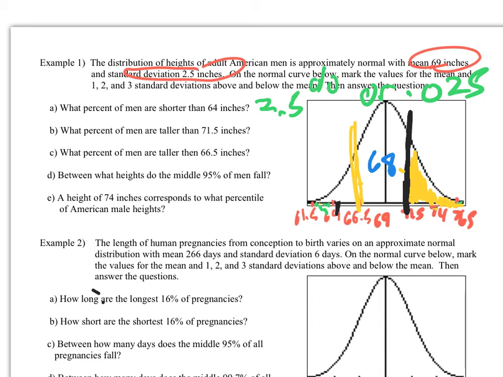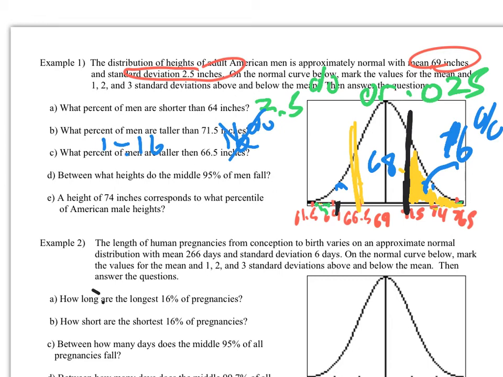So the total of the 2 tails must be how much? 32. So what's this one tail? 16%. But be careful. The answer is not 16. It's not 16% because it's 1 minus 16%. Or 1 minus 0.16.